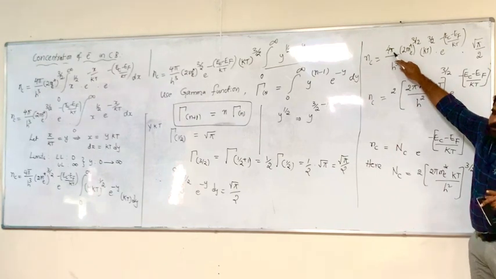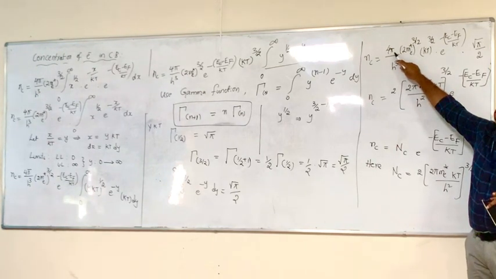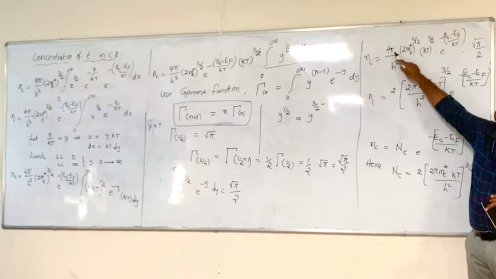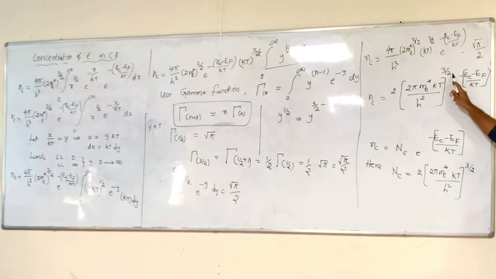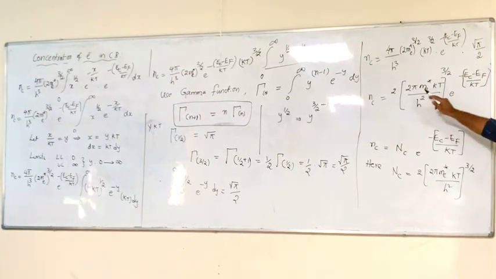Here you have one more pi, so pi into pi power 1 by 2 gives pi power 3 by 2. Here you have pi power 3 by 2. The 2 also went into the bracket. If you actually solve it, you will get it.